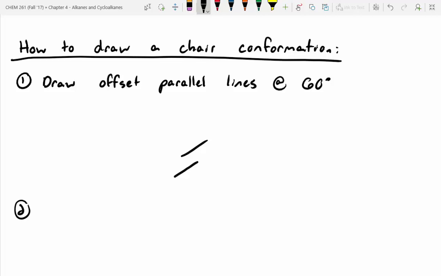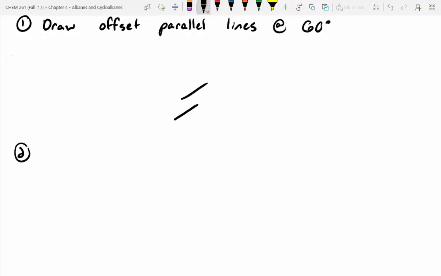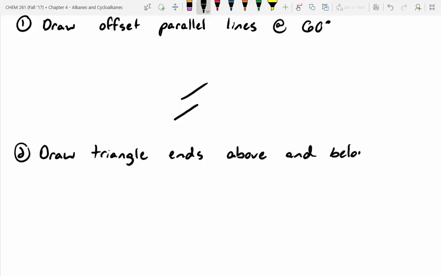All right, and then step 2 is draw triangle connectors. Above and below to connect.